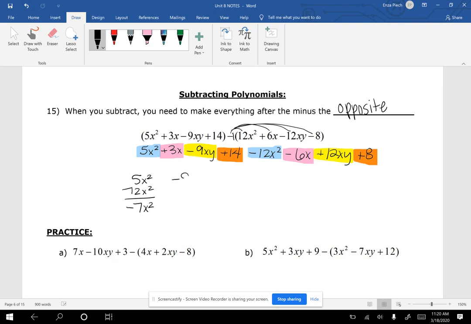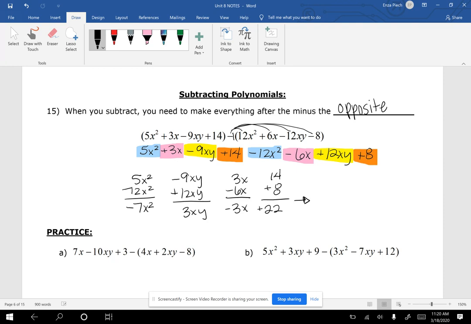Then I have -9xy, and I take a look over here, I have plus 12xy. So I have 3xy. 3x minus 6x, -3x. And then my constants, 14 plus 8, and I end up with 22, a +22.